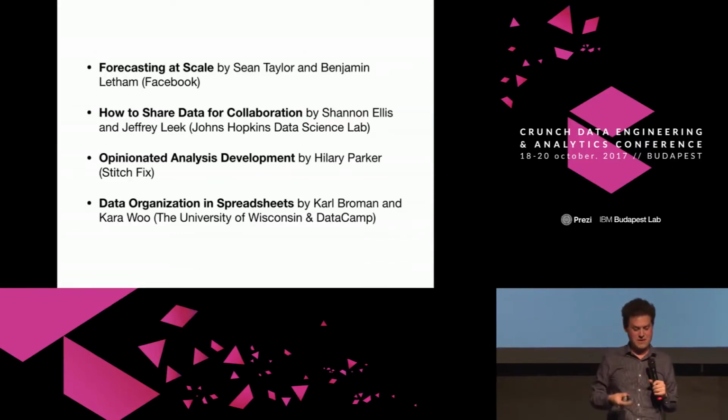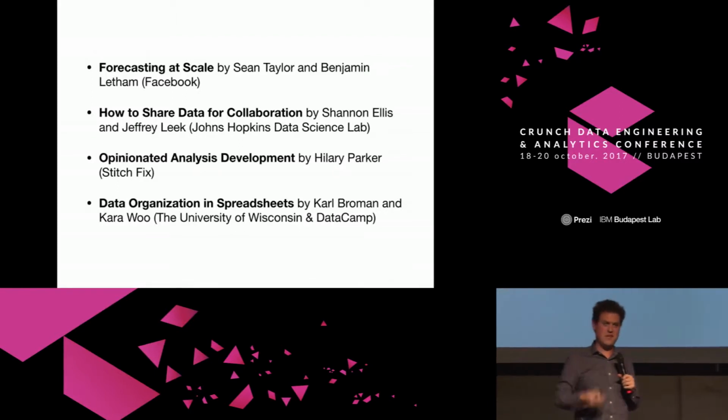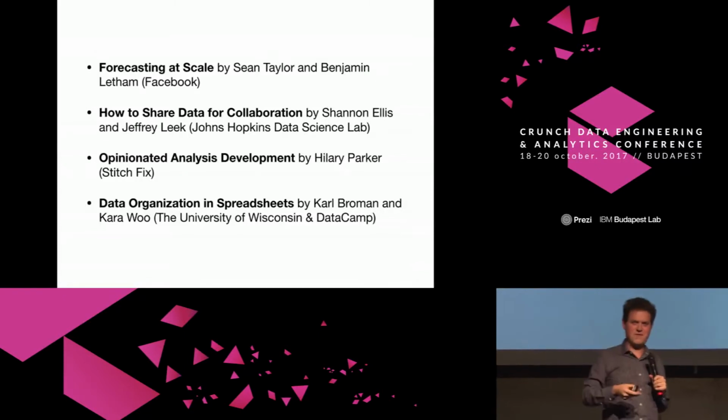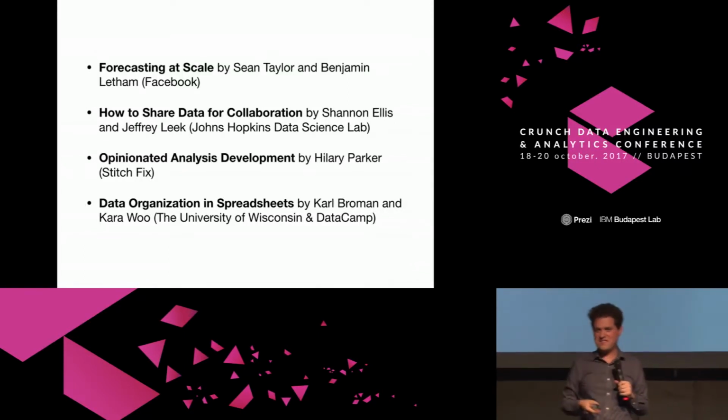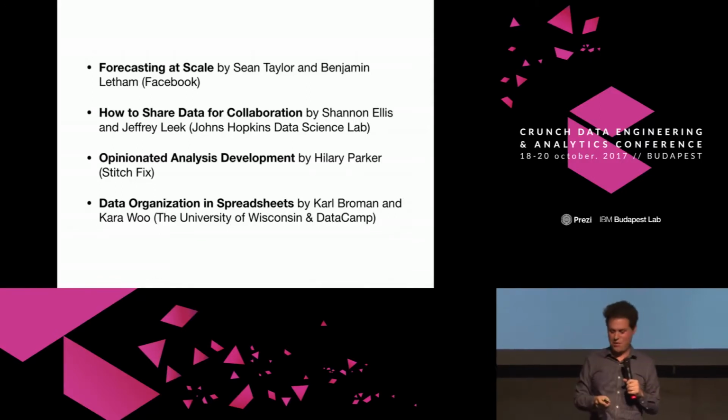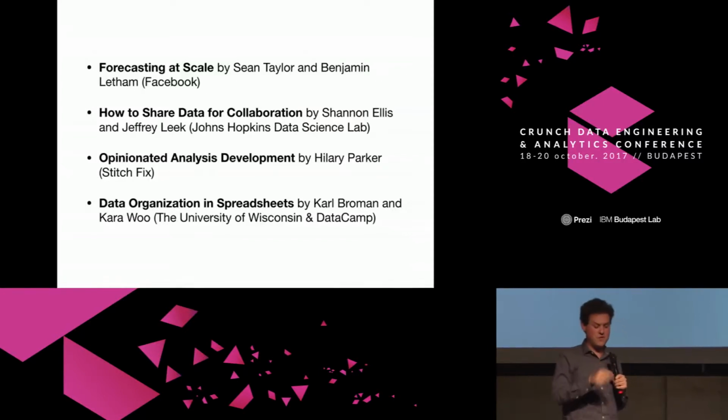Opinionated Analysis Development, which I really love, by Hilary Parker at Stitch Fix, and I know that we had Cassandra talking from Stitch Fix yesterday. And Data Organization in Spreadsheets, something that I get really excited about, by Karl Broman and Kara Woo out of the University of Wisconsin, and a fantastic data science education startup called DataCamp.